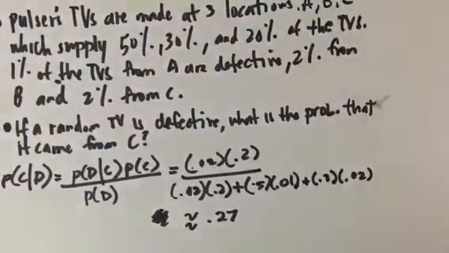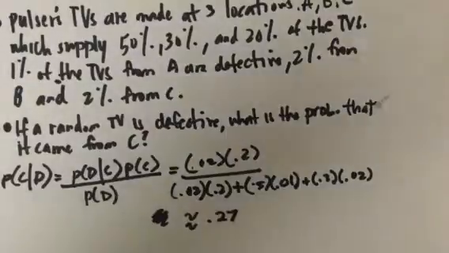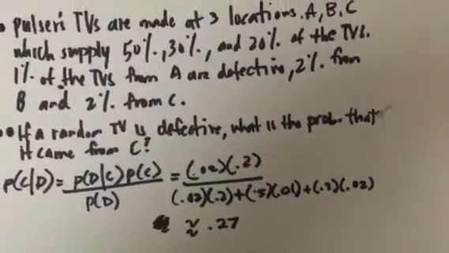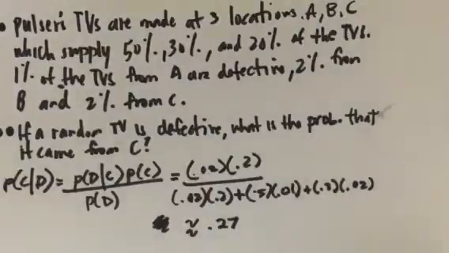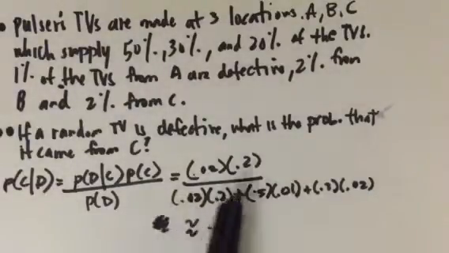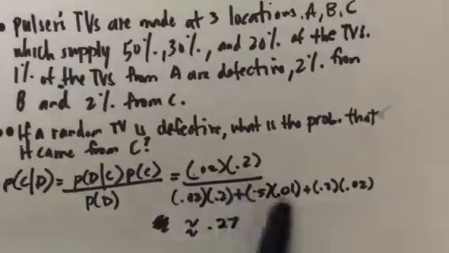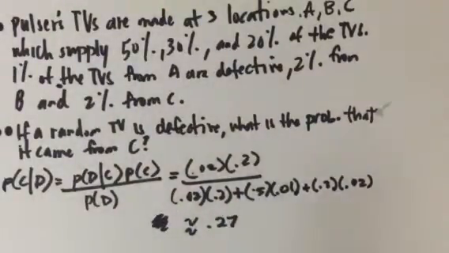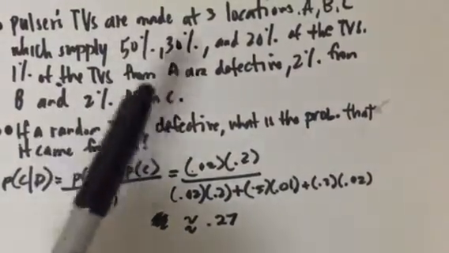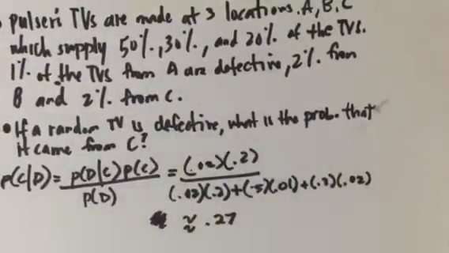And the way we check the answer for a Bayes' theorem question, all you really need to do is look over and make sure that the numbers you plug in match the numbers that are given in the word problem.